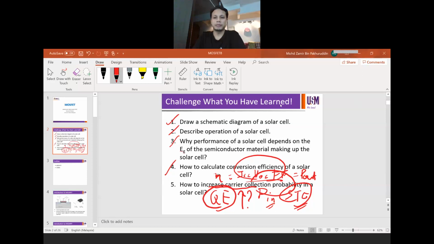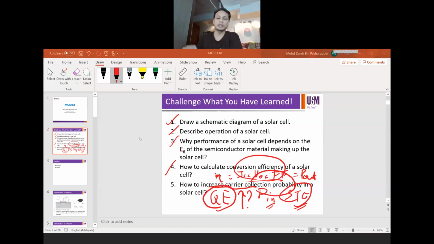Pyramids. Yeah, pyramid is to improve the light absorption. Pyramid is acting more optically in order to absorb more light and reduce reflection. But when we talk about passivation, when we passivate the surface, then you will reduce your surface recombination velocity on both surfaces, and in fact you can also passivate the bulk, and it's called bulk passivation, and this will help improve the quantum efficiency or collection probability in the solar cell.